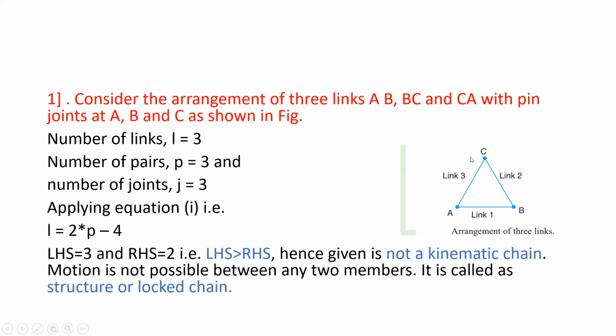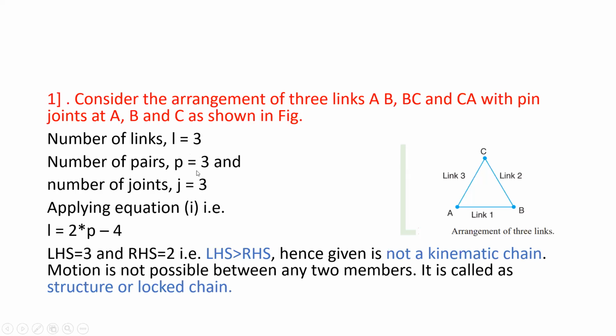So see, these three links are connected with the help of pin joint like this. Now let us decide how many links are there. There are three links, AB, AC and BC. So your L is equal to 3 number of links.